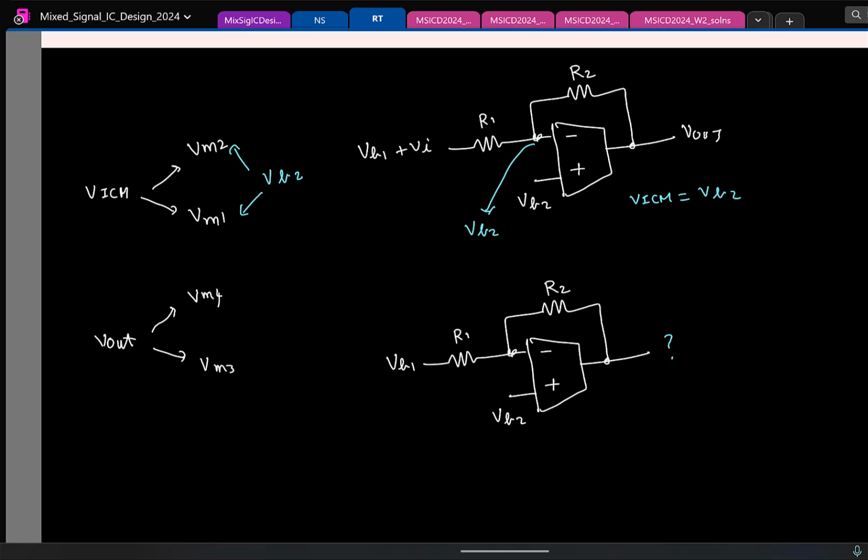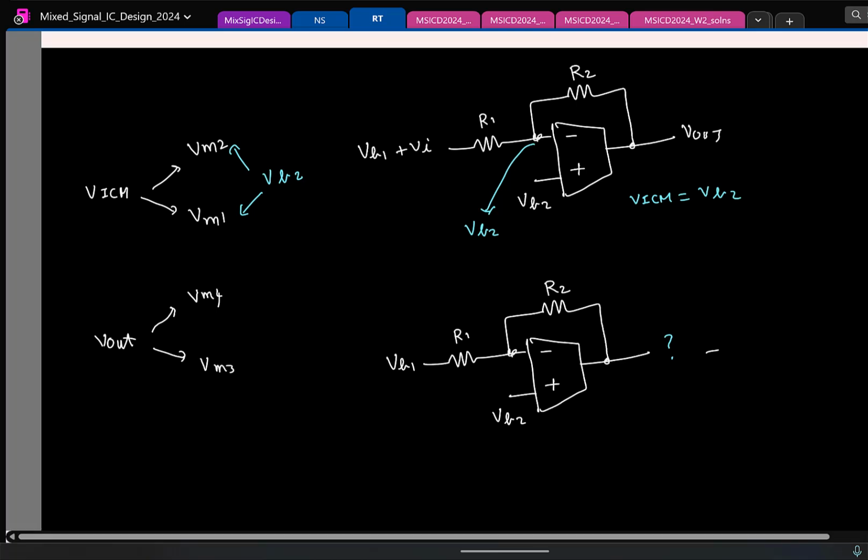Minus VB2 doesn't... okay, tell me, what is it? It's not correct, okay, and then? Partially correct. Okay, work out and tell me.